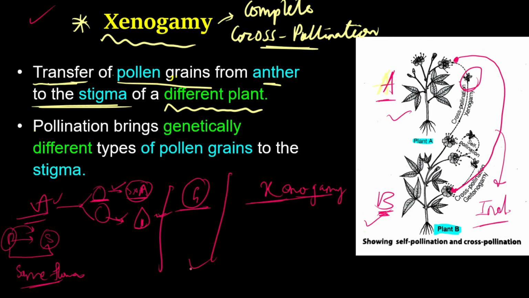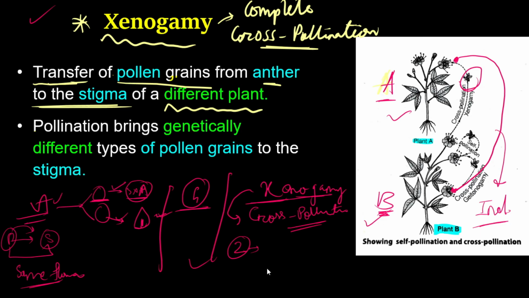In xenogamy, what we have understood is that it is called complete cross pollination. Why? Because here two genetically different plants are taken into action, or the pollination occurs between two genetically different plants.